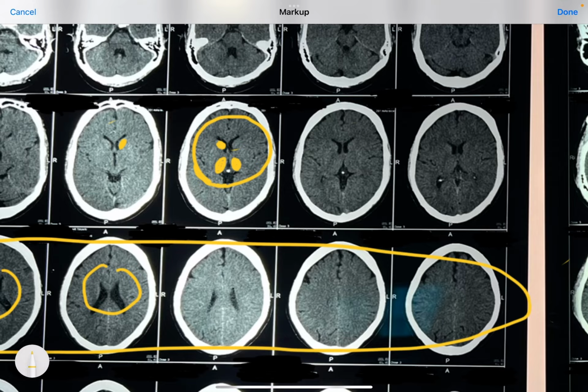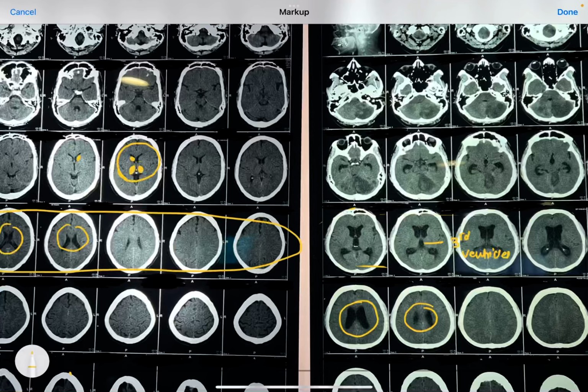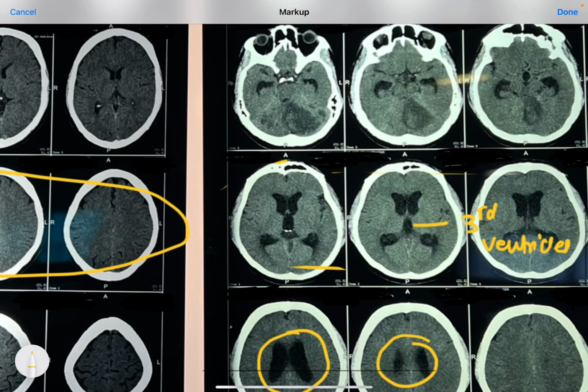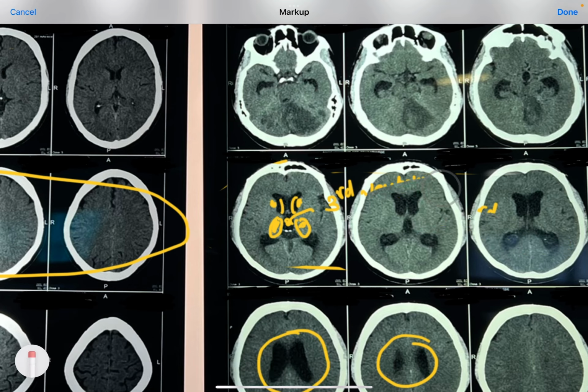In between the two thalami, we have the third ventricle. So this is the third ventricle, and it is very well appreciated. These are the two caudate lobes, these are the two lateral ventricles, and these are the two thalami. Between the two thalami is the enlarged third ventricle, which is not very obvious in most CT scans, but here it is pretty well enlarged.